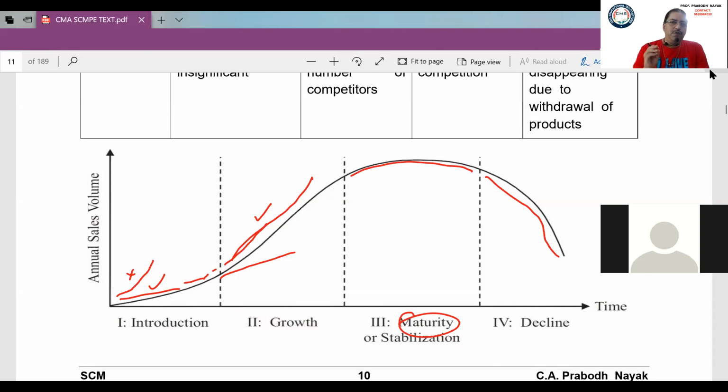If you can complete it in 5 minutes, we'll wind up the lecture in 5 minutes. If you can complete the answer in 15 minutes, we'll wind up in 15 minutes. And if you require 1.5 hours to solve the problem, then we'll sit for 1.5 hours to solve the question.